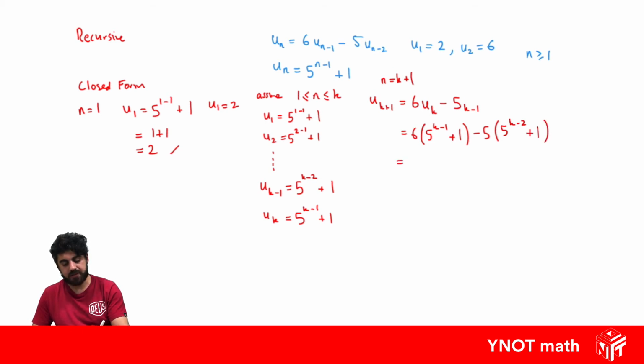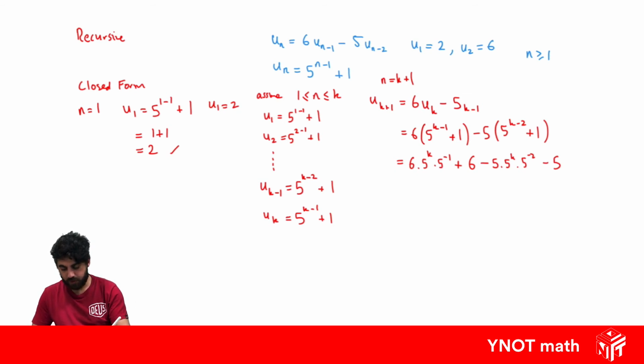And let's expand this out. So we get 6 times 5^k times 5^(-1). So we're just splitting up all our indices. Plus 6, minus 5 times 5^k times 5^(-2), minus 5.